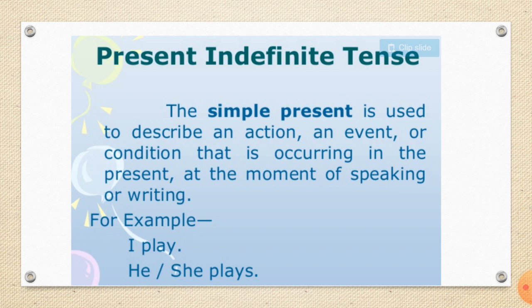Sorry, an action that is habitual or repeated. The simple present is used to describe an action, an event, or condition that is occurring in the present at the moment of speaking or writing, or an action that is habitual or repeated. For example, I play, she plays, he drinks milk.